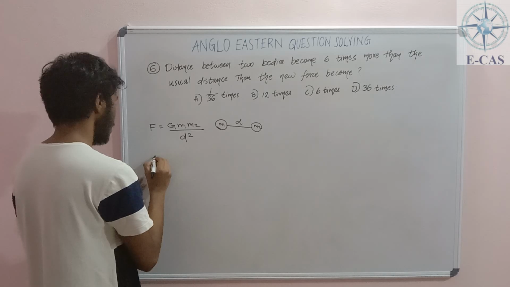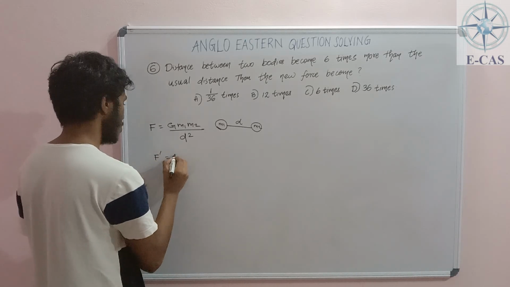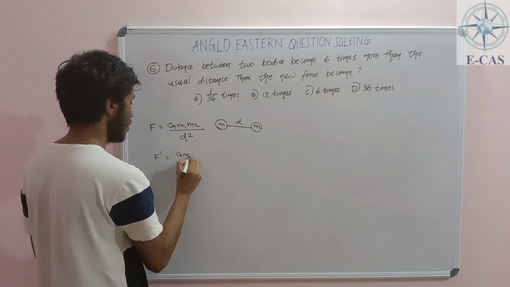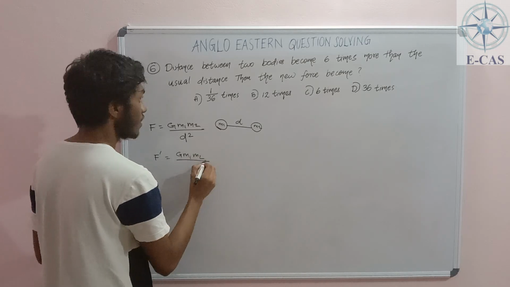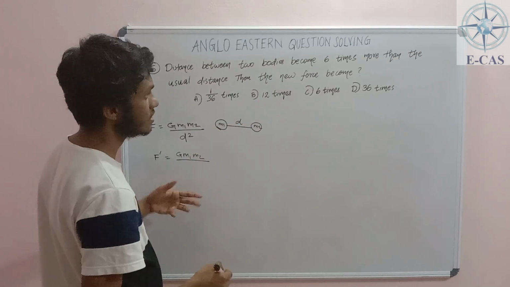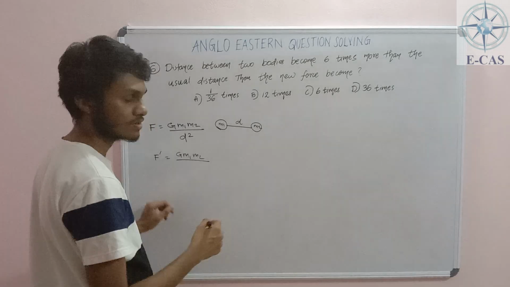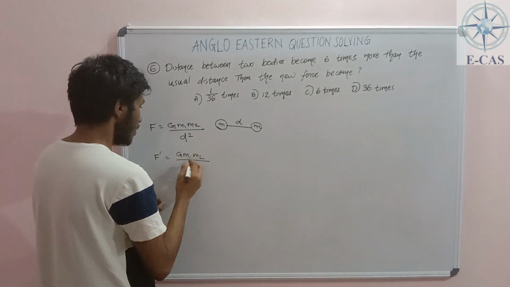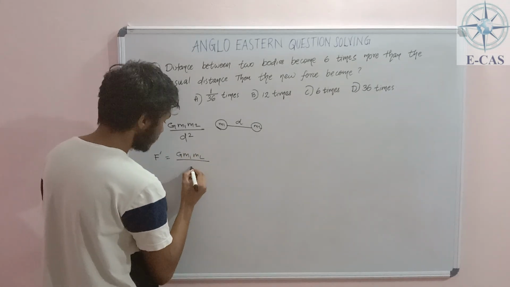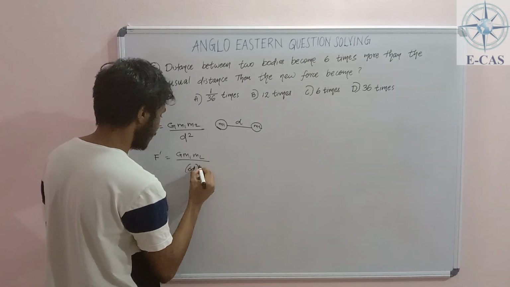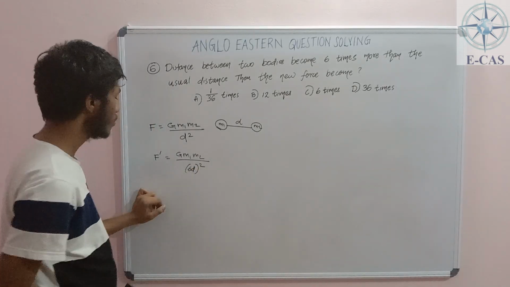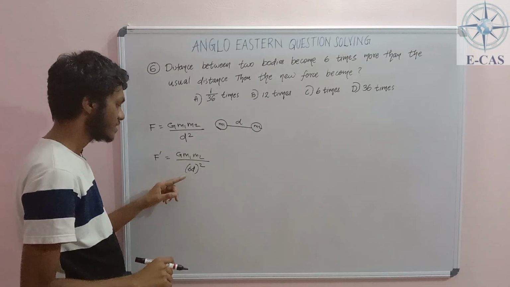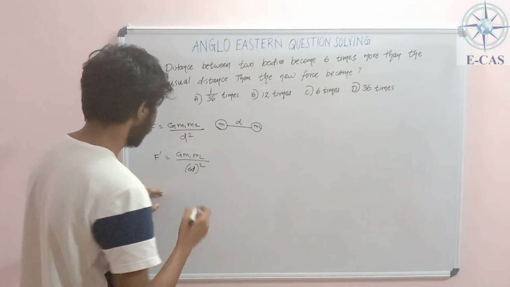So F dash is equal to G into m1 m2 by the distance, which becomes 6 times more than the usual distance. So the new distance becomes 6 times d. So F dash equals G into m1 m2 by 6 times d whole square.